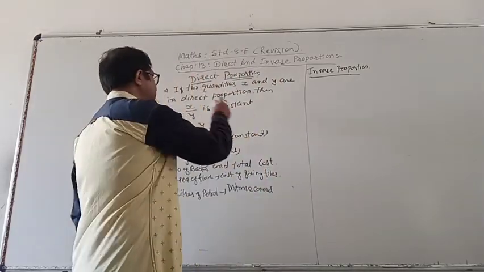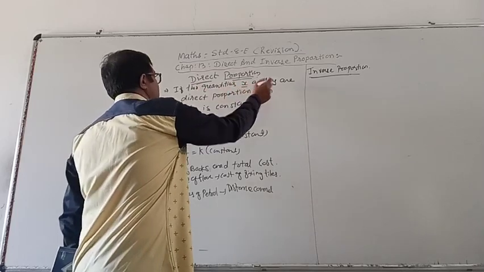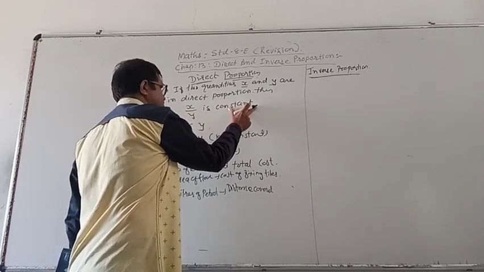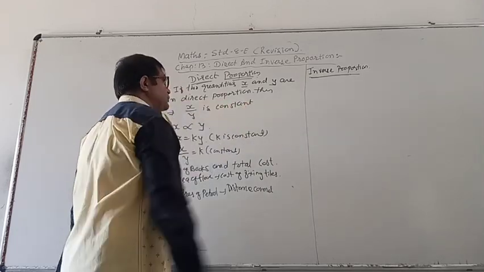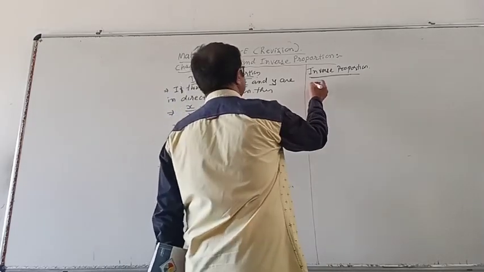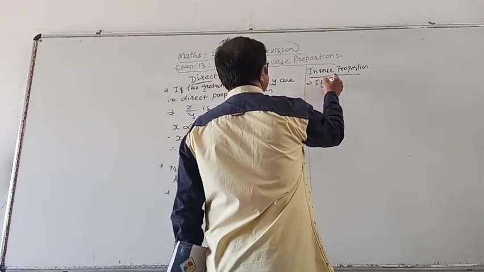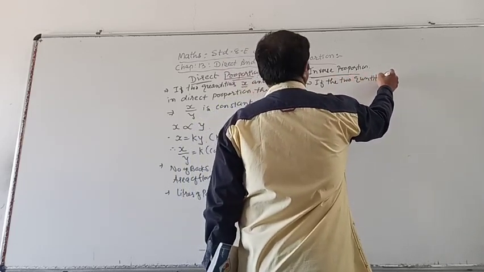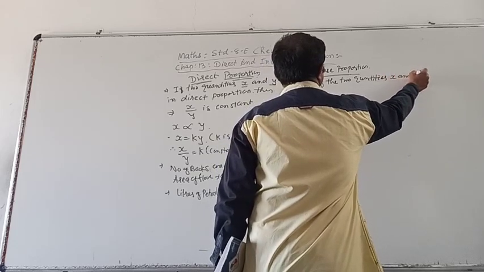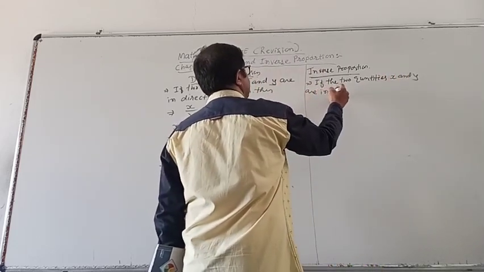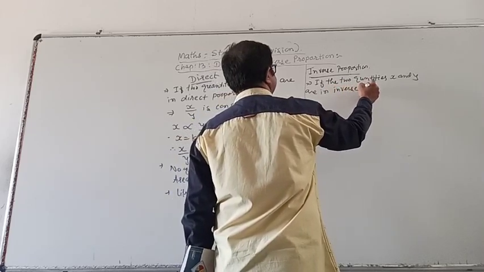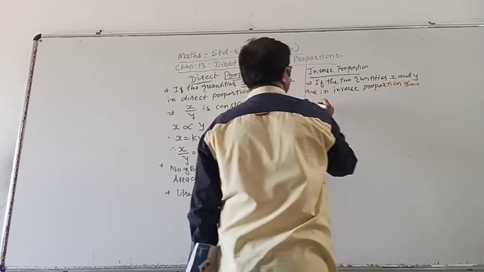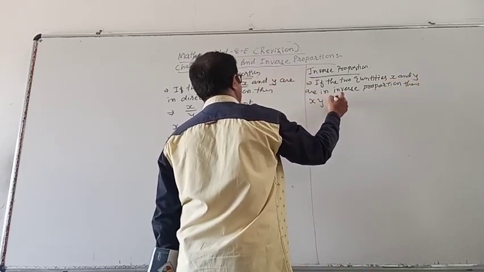Now, here we see that in direct proportion, if x and y are in direct proportion, then their division is constant. But in inverse proportion, their product will be constant. So if the two quantities x and y are in inverse proportion, then xy is constant.